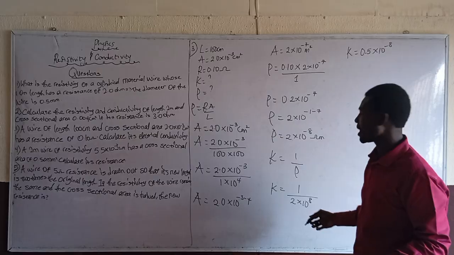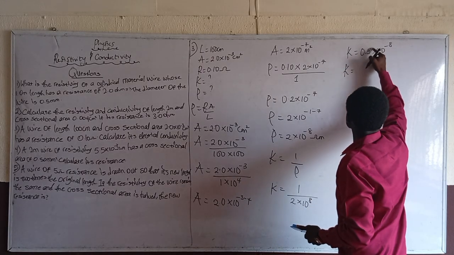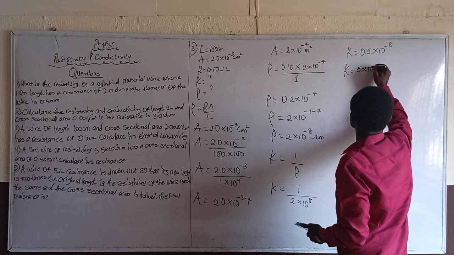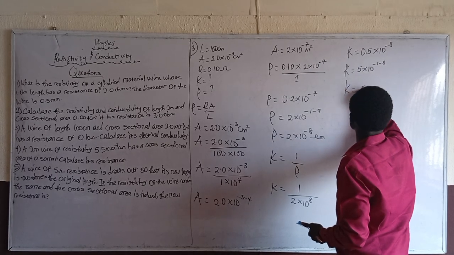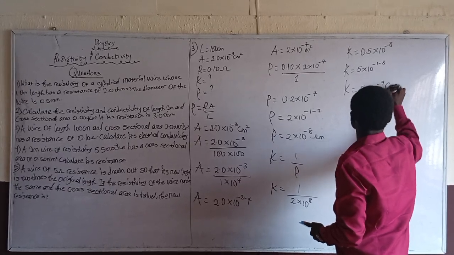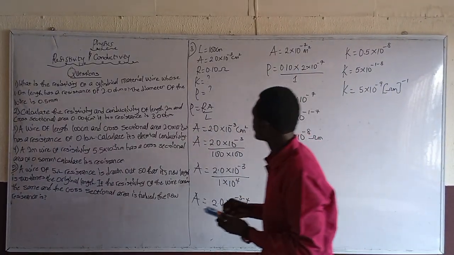This is a positive power coming up because of the negative. So here becomes 5 times 10 raised to the power minus 1 minus 8. So here becomes 5 times 10 raised to the power minus 9 per ohms meter. So we move to number 4.